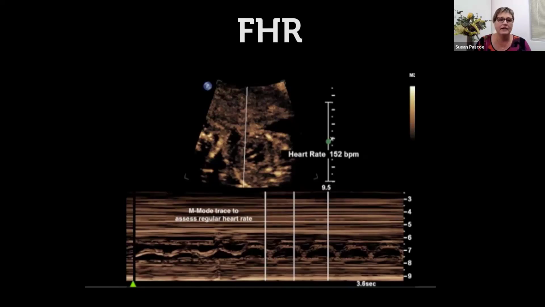But for the fetal heart rate, it doesn't matter so much what the numbers are. It's just about documenting the rhythm, and the M mode trace is a really nice way to document motion over time, and so we can see that there is fetal heart movement, and it demonstrates along the y-axis, the x-axis here, that motion over time.